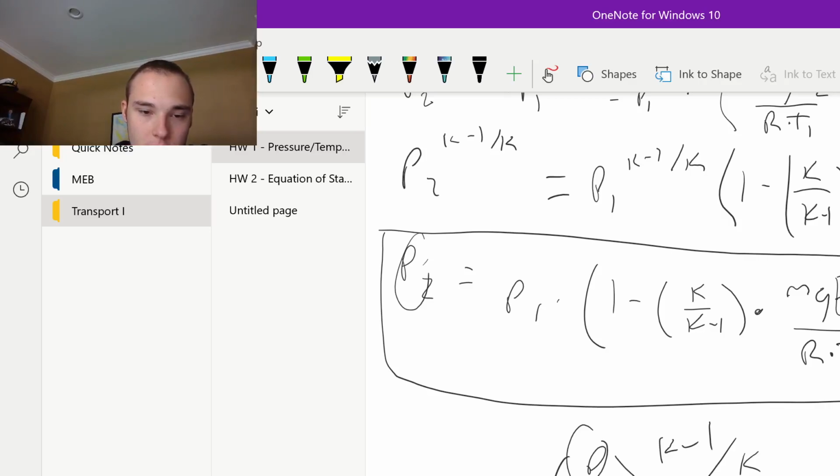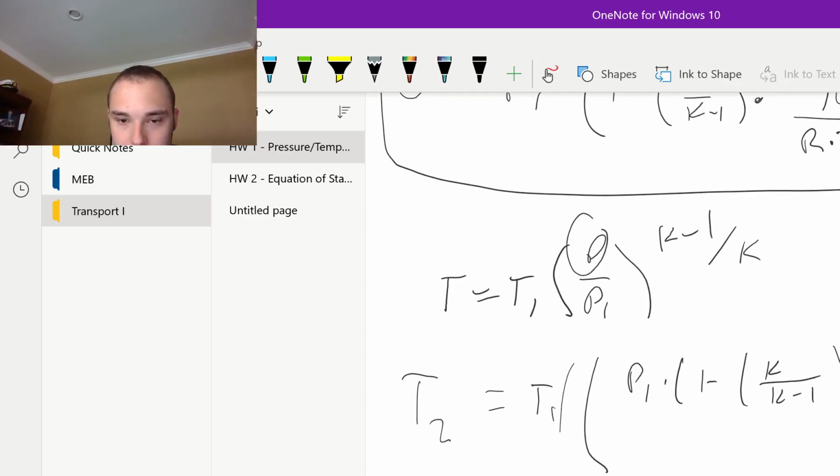We'll call the final temperature T2. T2 is equal to T1 times P1 times 1 minus K over K minus 1 times mg delta Z over R times T1, to the K over K minus 1, and then we'll do all this over P1, and this will all be raised to the K minus 1 over K. Looking at this equation, we can see that the P1s will cancel, and the constants of the heat capacities will also cancel.